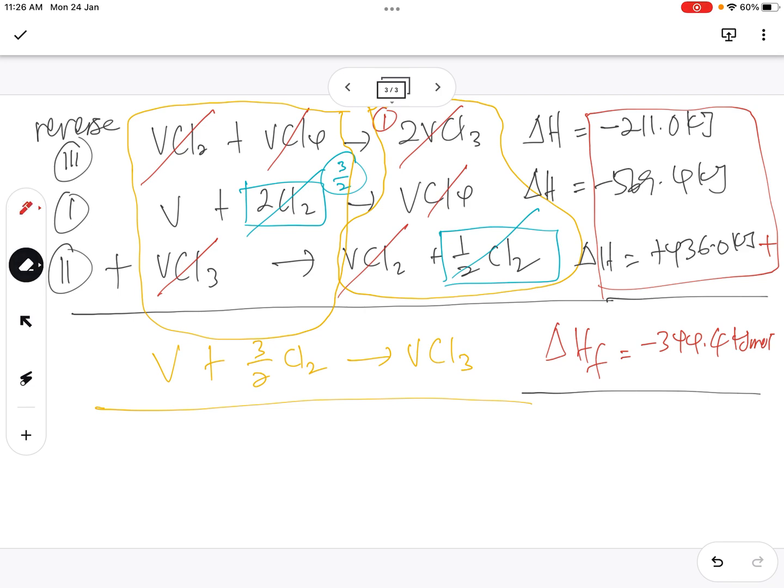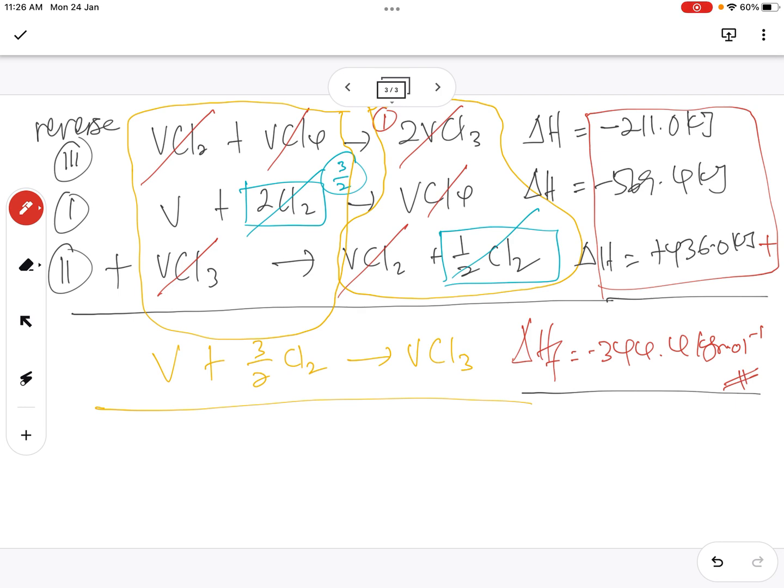Not enough space. Delta Hf is minus 344.4 kilojoule per mole. Okay, that is the enthalpy of formation of vanadium trichloride. Okay, this is known as the algebraic method.